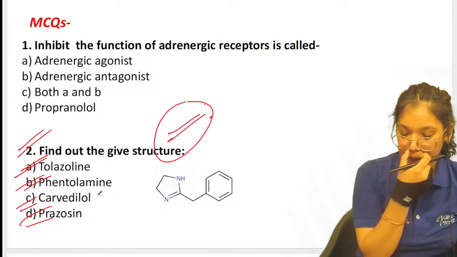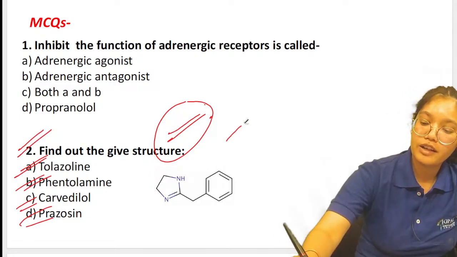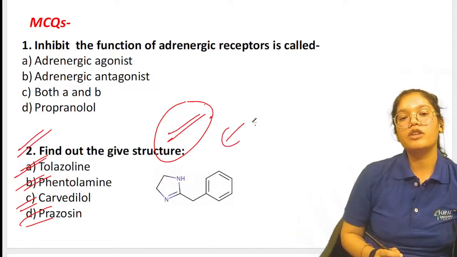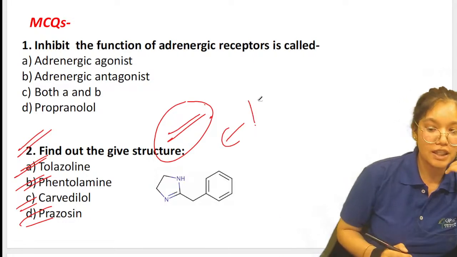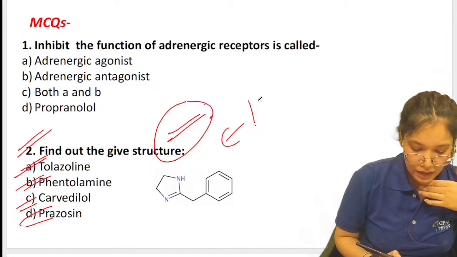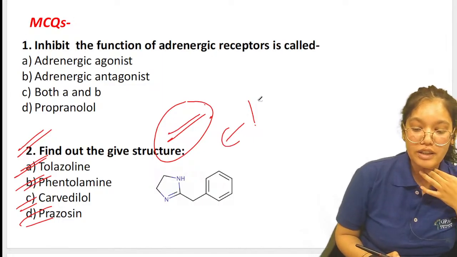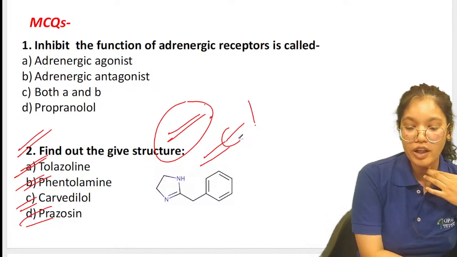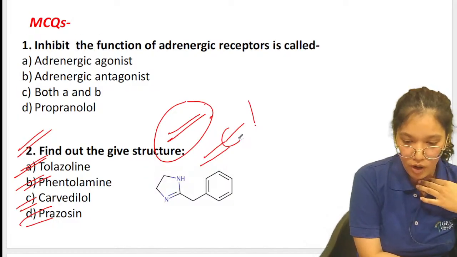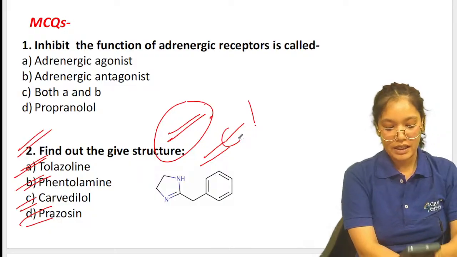You should answer. If your answer is wrong, then it will be okay. I'll not say anything. You will just learn from your mistakes. So answer, reply. Find out the given structure. Which drug structure is this? Tolazoline, phentolamine, carvedilol, or prazosin?